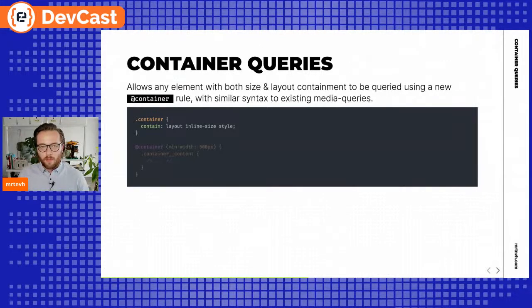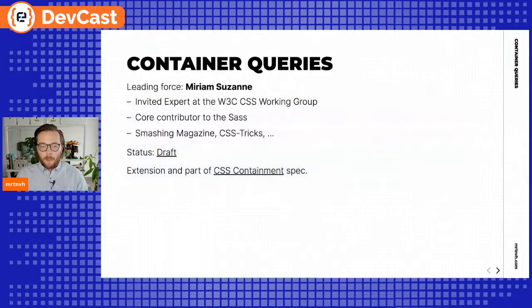That's the contain property. And then we can use the container query, just like the media query, to query the dimensions of the container and style the descending elements appropriately. Easy as that.